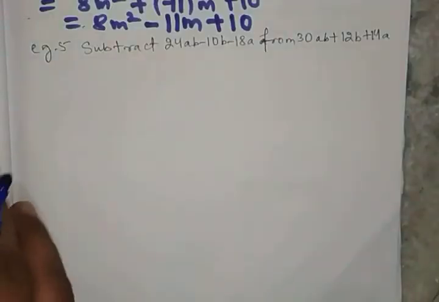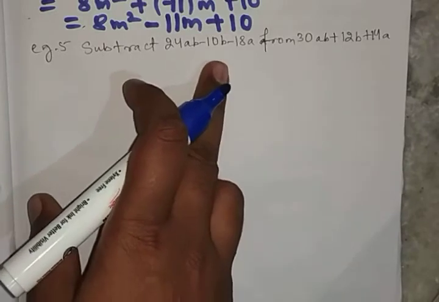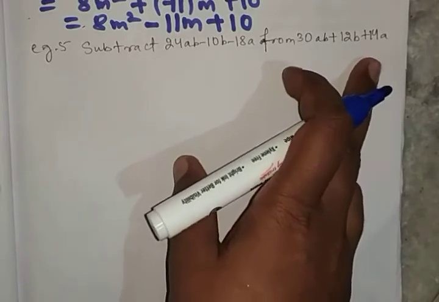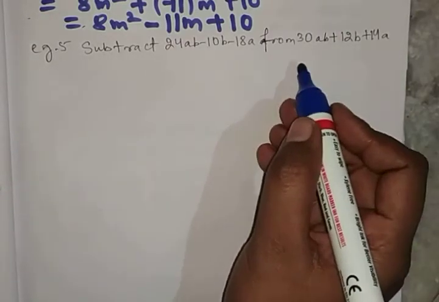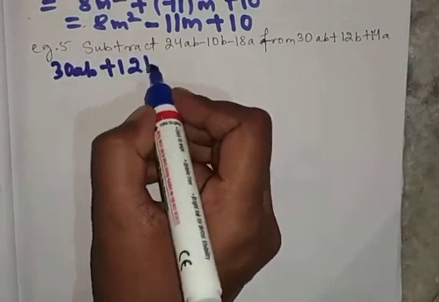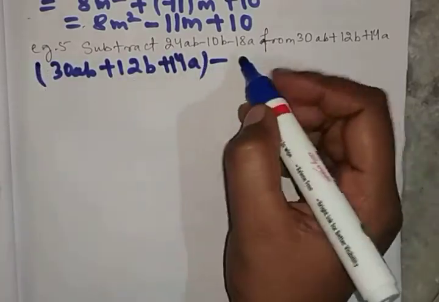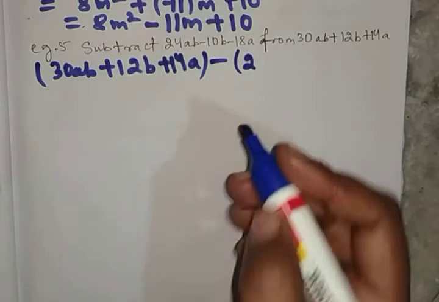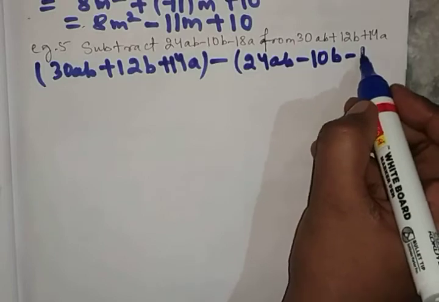Next we will move to example 5. Subtract 24ab minus 10b minus 18a from 30ab plus 12b plus 14a. Like that we will do. So 30ab plus 12b plus 14a minus 24ab minus 10b minus 18a.